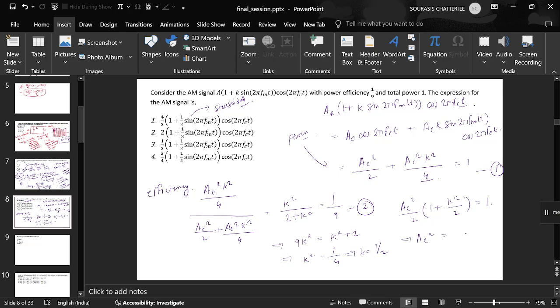So AC square is equal to 2 times 1 over 1 plus 1 over 8, which is 8 divided by 9, so 16 over 9. Therefore AC is 4 by 3. If I plug these values, A being 4 by 3 and k being 1 over 2, we obtain this first expression here.